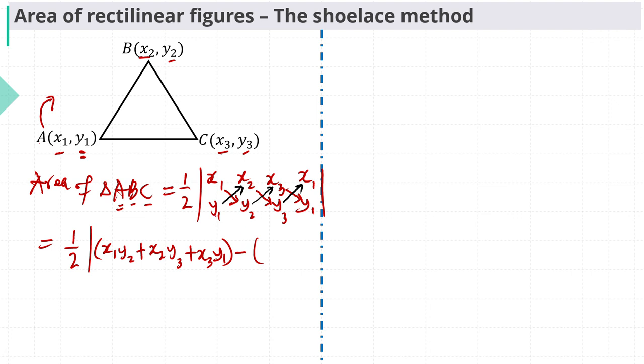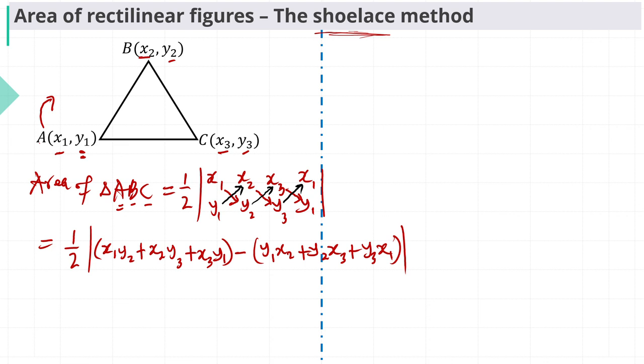I'm subtracting the sum of the upward product from the first bracket. So y1 x2 plus y2 x3 plus y3 x1. So this is the way we calculate the area of a rectilinear figure using the shoelace method.